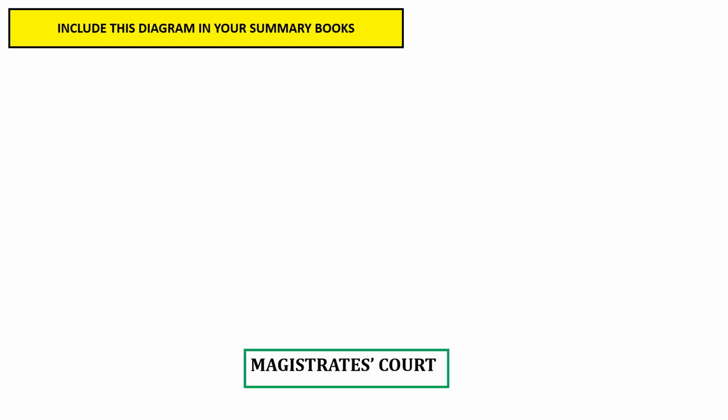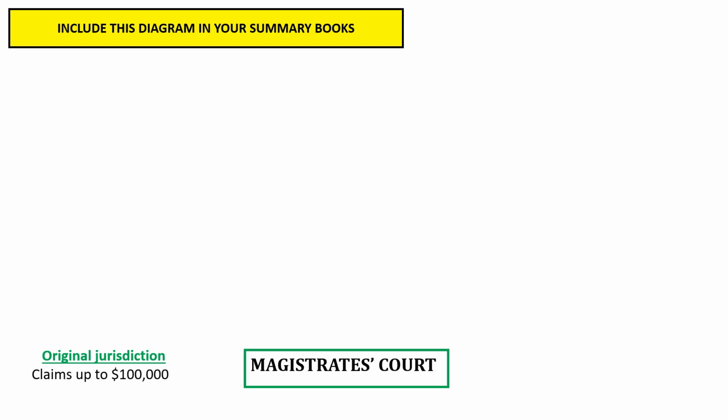Starting at the bottom of the hierarchy, we have the Magistrates' Court. The original jurisdiction of the Magistrates' Court in civil disputes is to hear claims of up to $100,000. Put another way, the Magistrates' Court deals with small civil disputes.